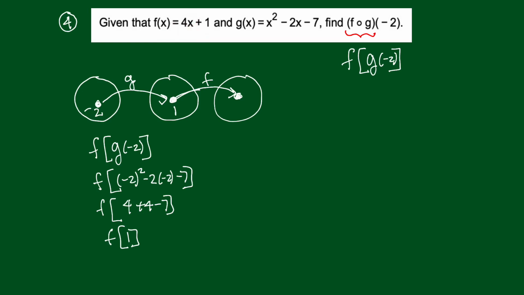So we'll get 4 times 1 plus 1. 4 times 1 is 4 plus 1. That gives me 5. So what I'm saying now is that f circle g at negative 2 takes us over to a 5. And on my picture, I start with negative 2, I process it with g, I get a 1, and then I process the 1 using f, and that gives me a 5.